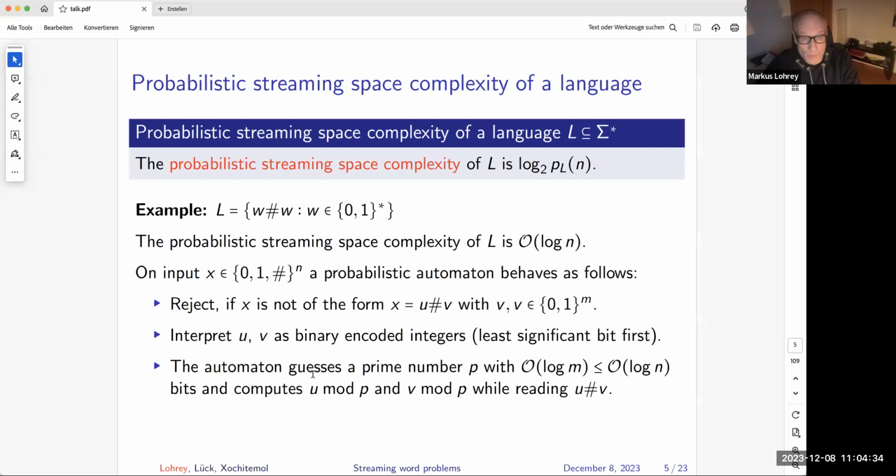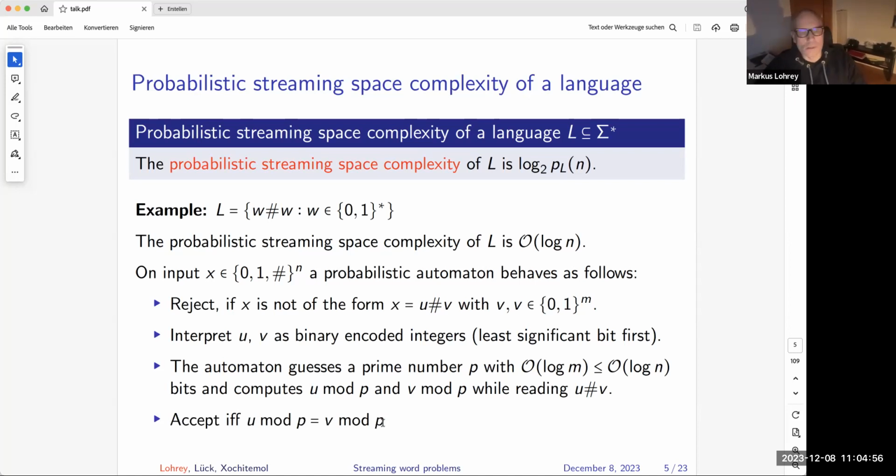It guesses a prime number, and it computes U, which you interpret as a binary encoded integer. The automaton computes U mod P and V mod P. This can be done by reading the two words. And at the end, it accepts if U modulo P is the same as V modulo P.